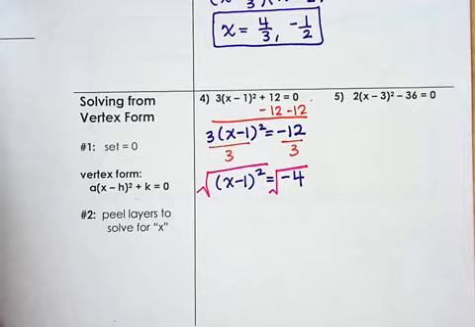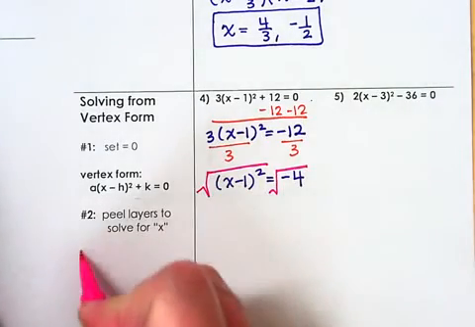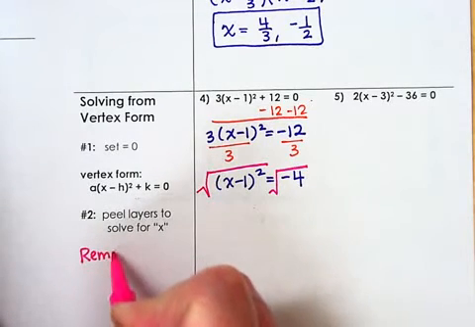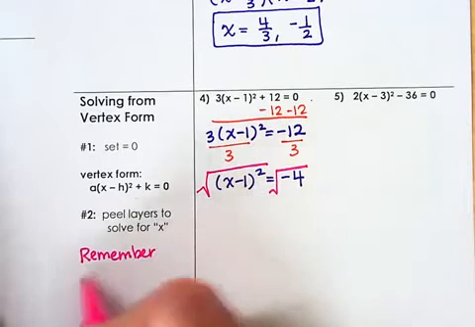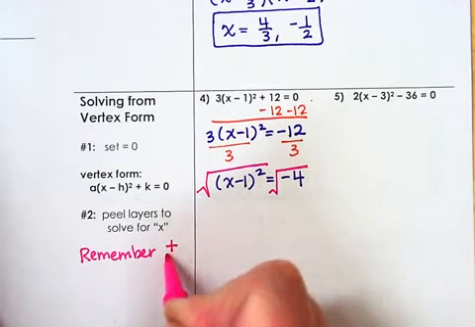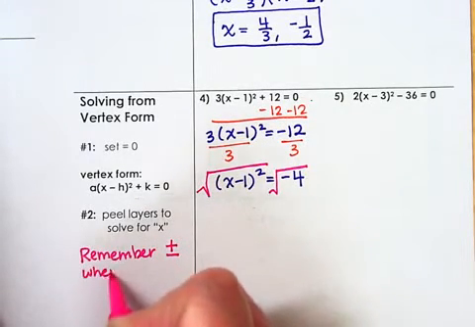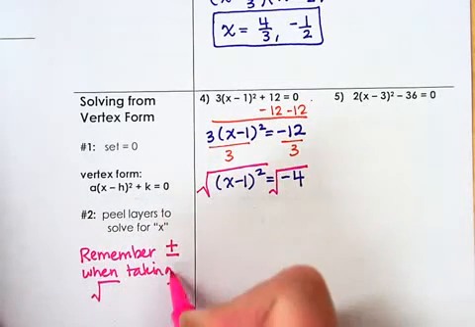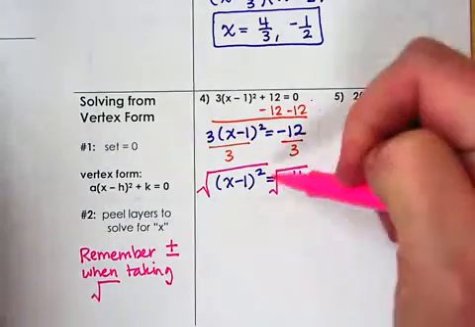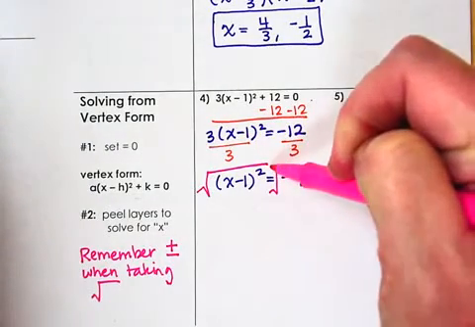But when we do this, it's real important that we remember to always include a plus or minus sign when taking the square root of both sides. Okay, you have to have a plus or minus sign in there. I didn't leave myself any room.